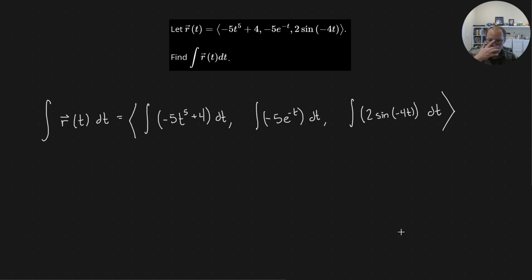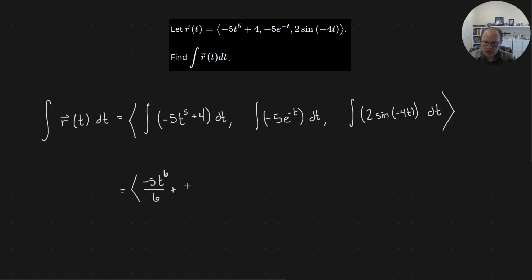Okay, the first one's pretty straightforward. I just have two terms. For the first term, I use the power rule, right? Add 1 to the power, divide by the new power. The negative 5 in front just comes along for the ride. It's just a constant. And the 4 is just a constant all by itself.